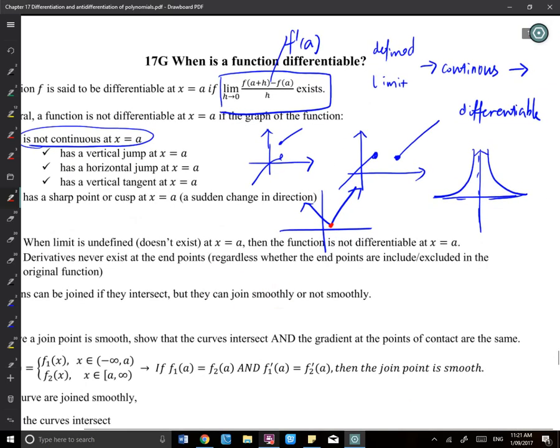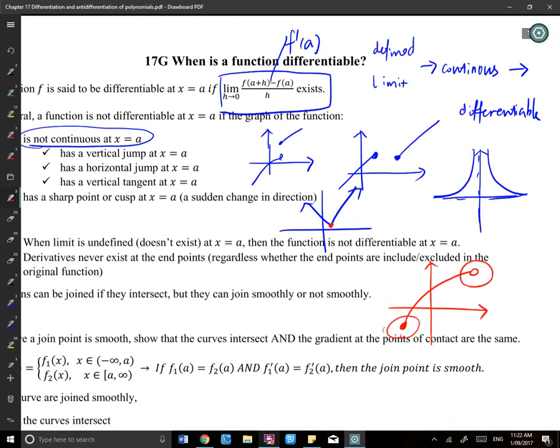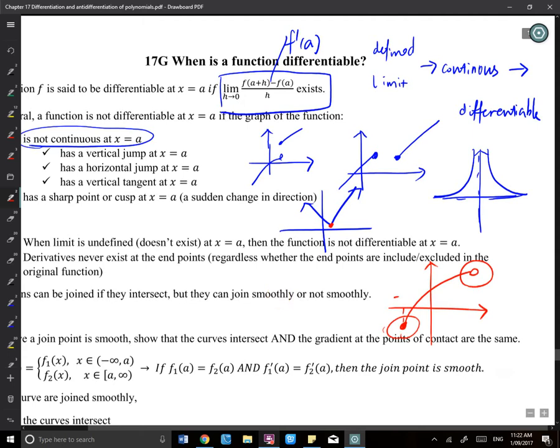So let's have a look. This function is not differentiable here. It's not differentiable here, regardless of whether it's defined or not defined, because that's the endpoint. Endpoints will not have a derivative. So let's say the original function is from -2 to 4.